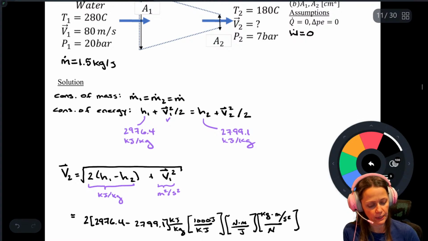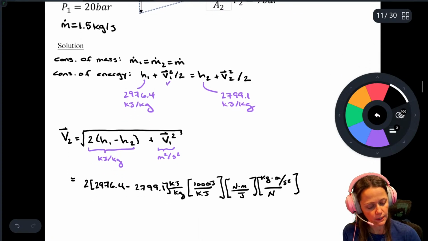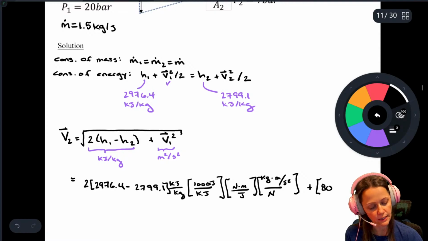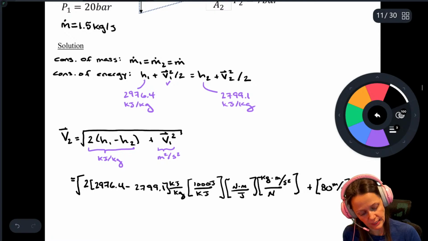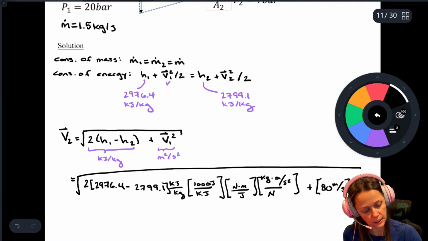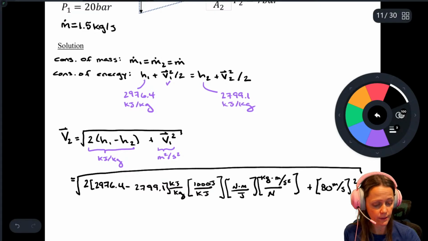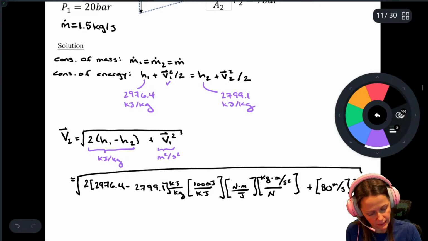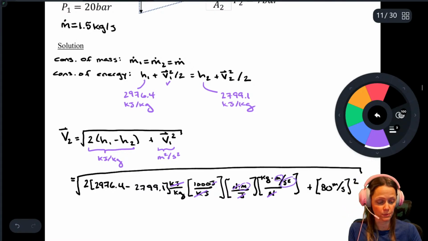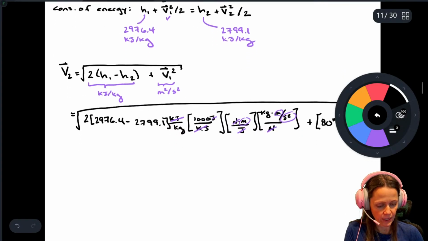And then of course I've got my V1 over there. V1 squared is 80 meters per second, squared. Then I just need to take the square root of all this stuff. And I think that should take care of my units there. Kilojoules, kilojoules, joules, joules, newton, newton. I'll have a meter squared per second squared plus a meter squared per second squared. So everything checks out there.